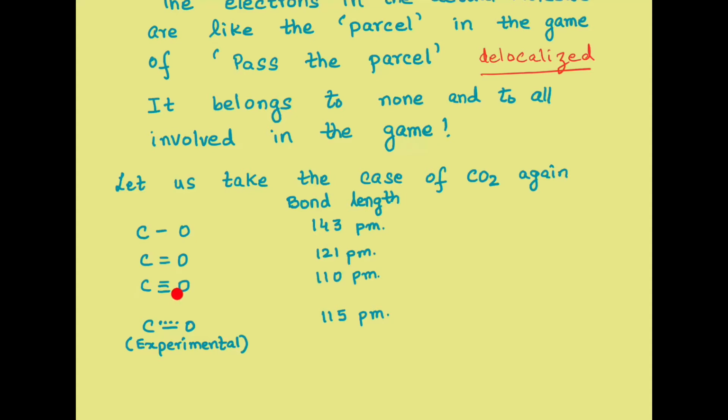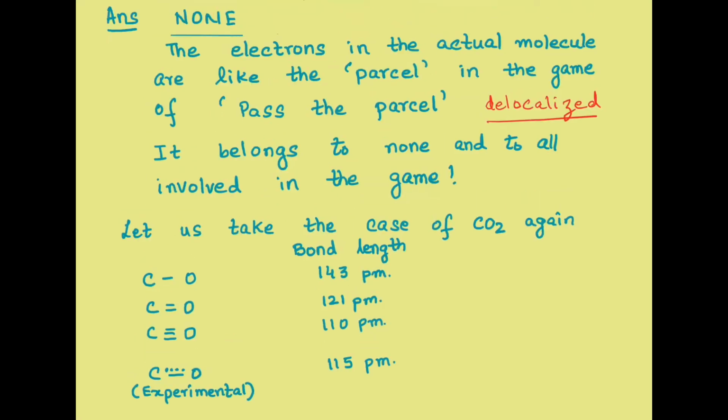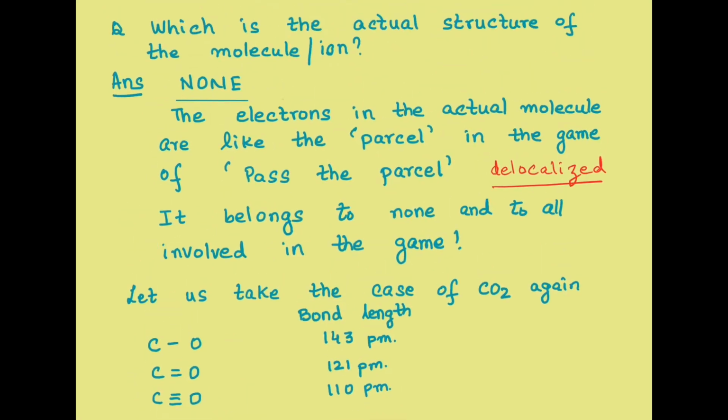It's neither a complete triple bond nor a complete double bond. Understand, students, that we are trying to explain what we are observing by giving the concept of resonance, right? We are trying to explain the natural phenomena to the best of our knowledge.